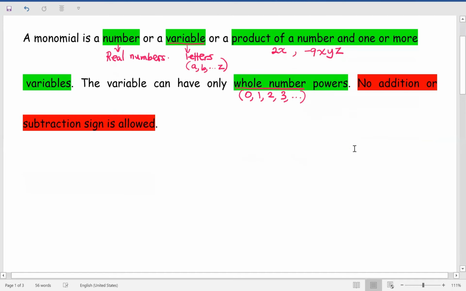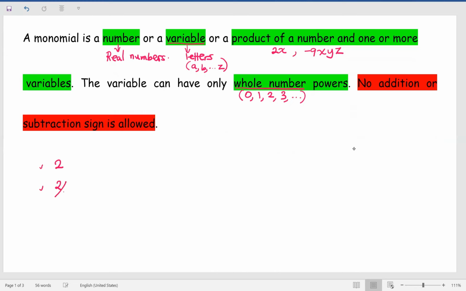So we can say that an example like 2, that is a monomial. We can have, let's say, 2 over 5, that is a monomial. You can have, let's say, 2.6, that is a monomial.